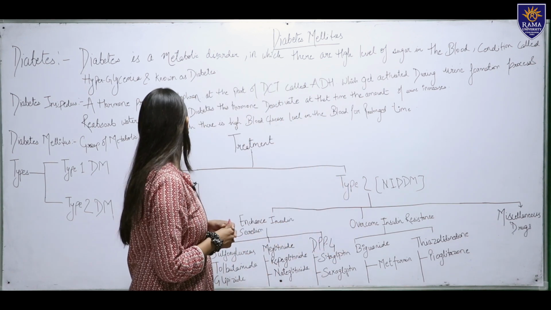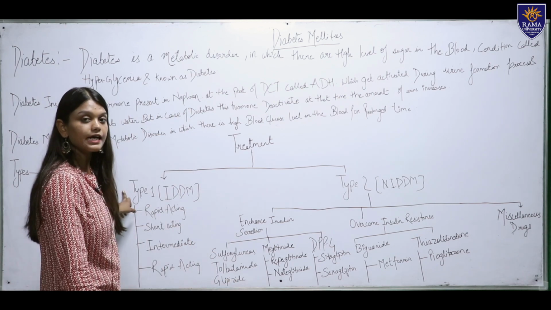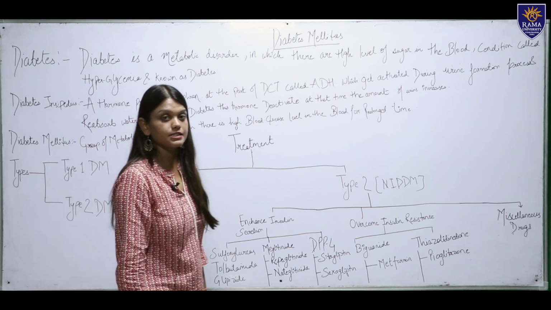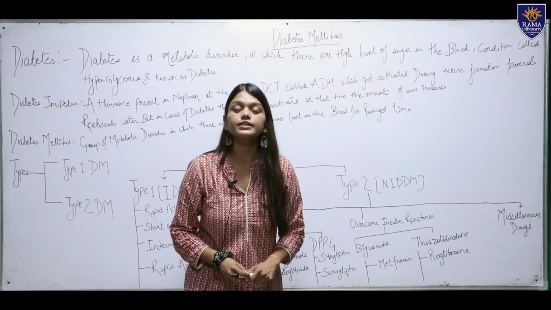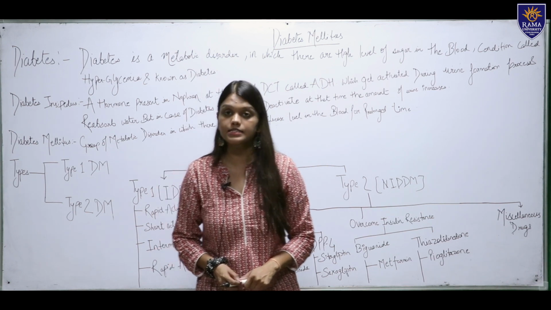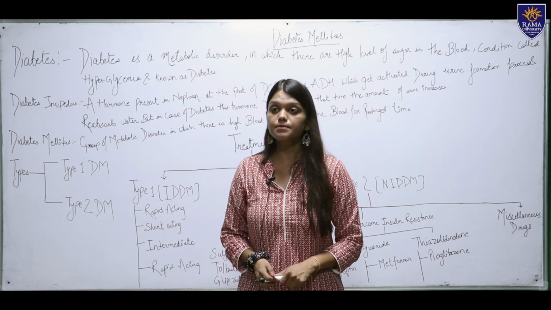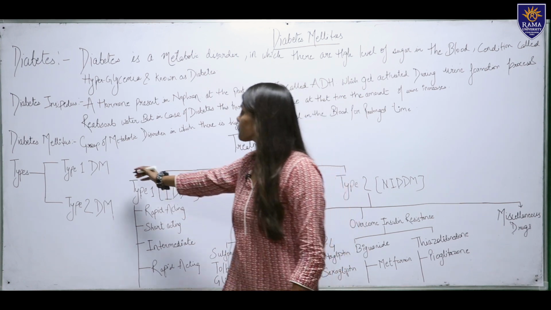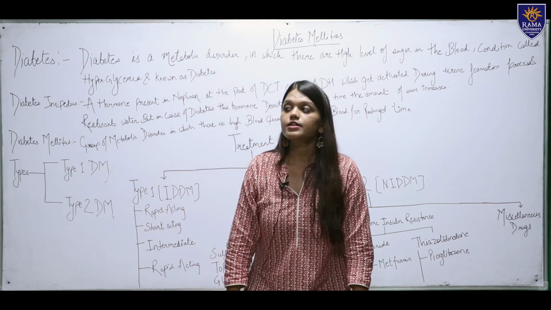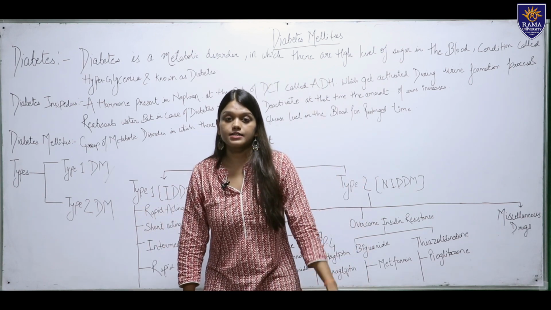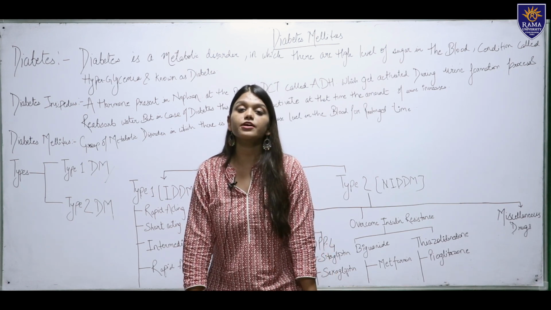Next, we will come to the types of diabetes, that is type 1 and type 2 diabetes mellitus. Type 1 diabetes is insulin dependent diabetes mellitus and type 2 is non-insulin dependent diabetes mellitus. First, type 1: the beta cells of the pancreas fail to produce enough insulin.